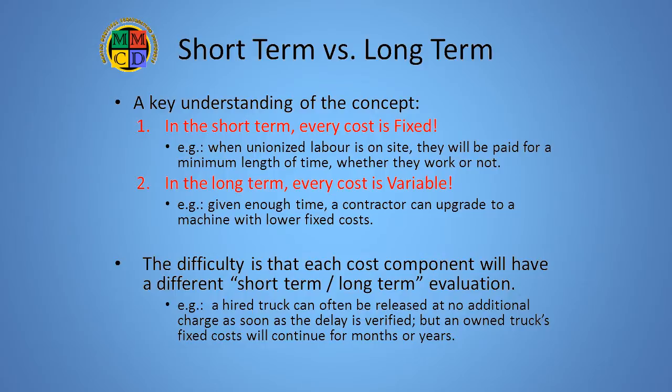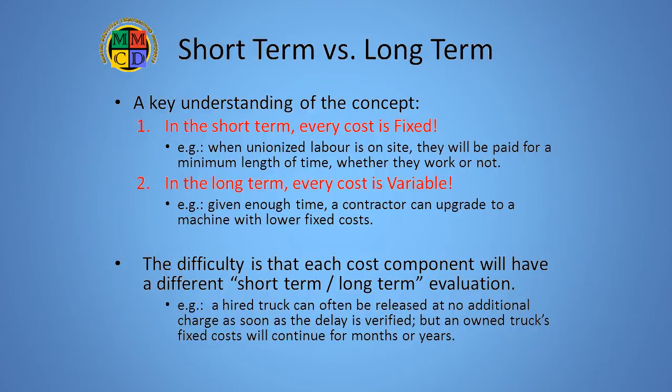From the CA's perspective, this becomes a bit tricky, as different situations have different time frames for short versus long. For example, a dump truck hired by the contractor can be taken off hire on a moment's notice. On the other hand, if the contractor owns that truck, its fixed costs will continue for months or years.